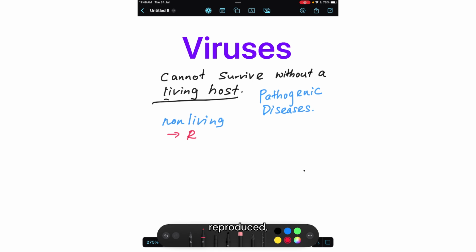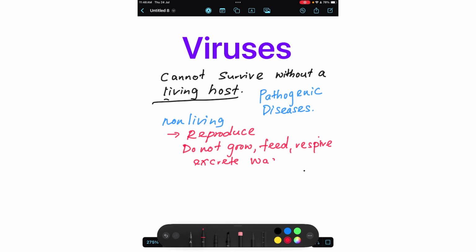They reproduce but do not grow, feed, respire, or excrete waste.